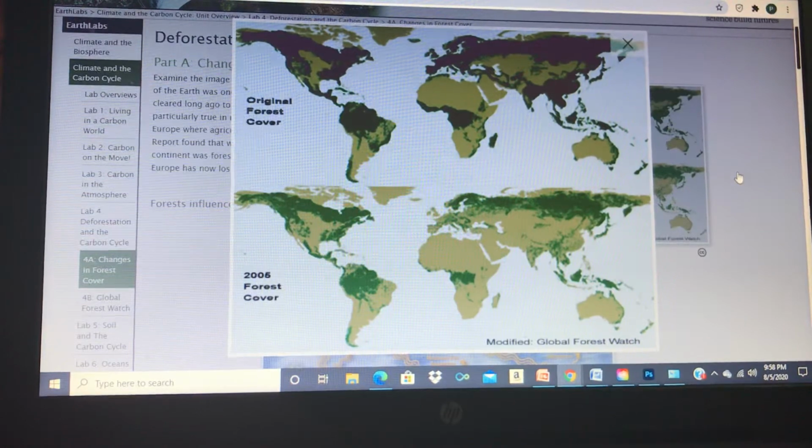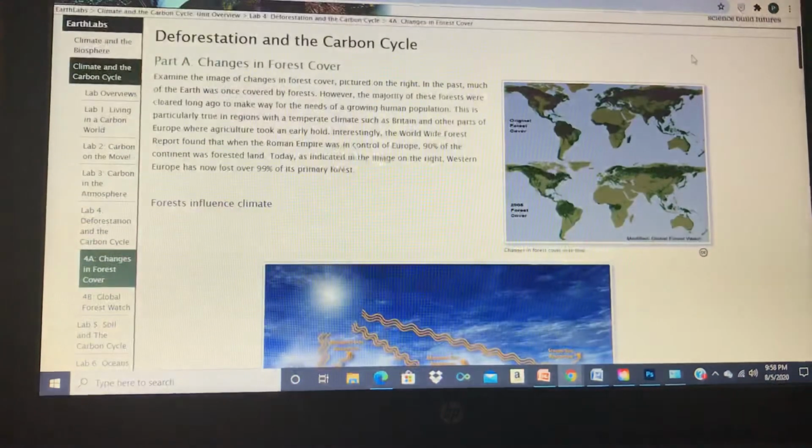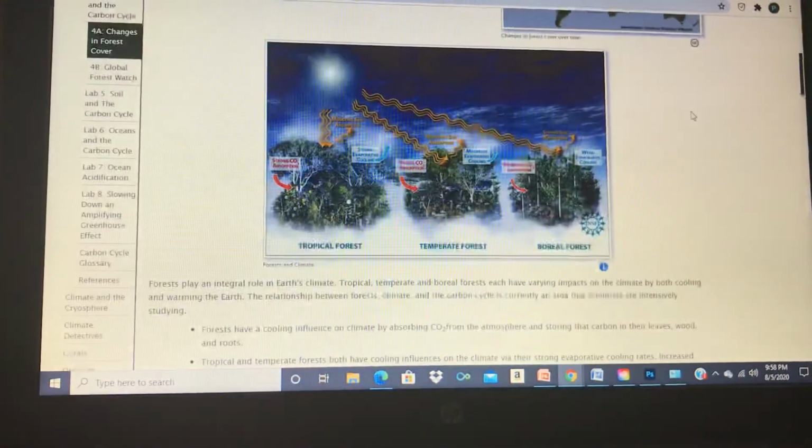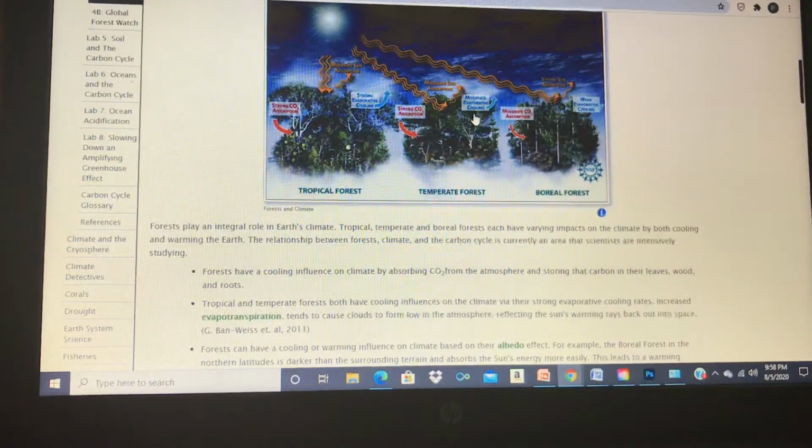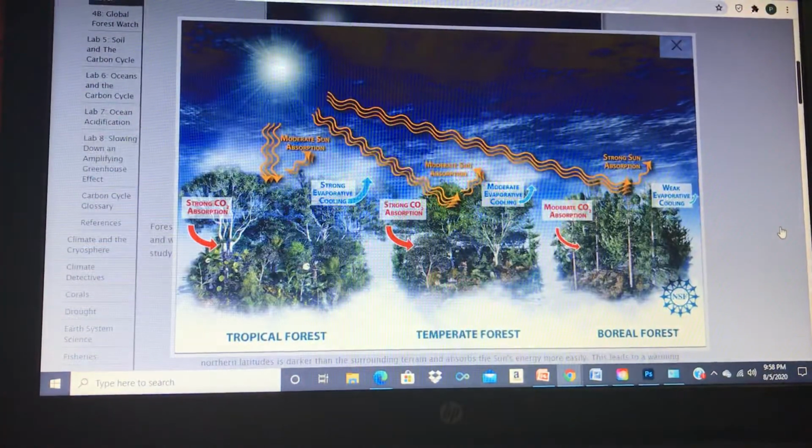Okay, we're going to click out of that and we will come down here because we're going to talk about the integral role that forests play in Earth's climate. So we're going to click on this picture here and you're going to see there's 3 different types of forests: tropical forest, temperate forest, and boreal forest.